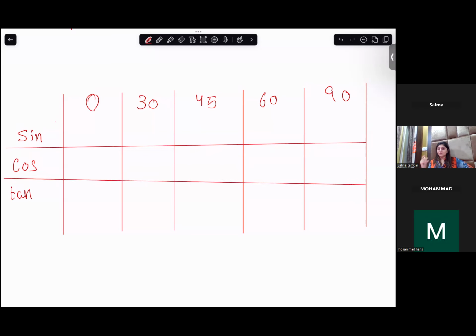Sine 0 would be 0, and tan 0 would be 0. And cos 0 would be 1. Cos 90 would be 0.